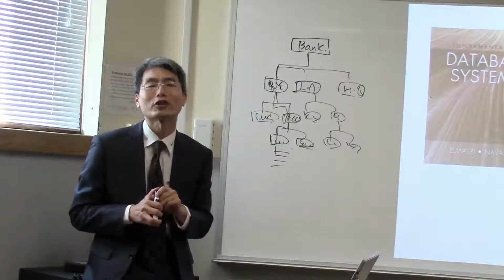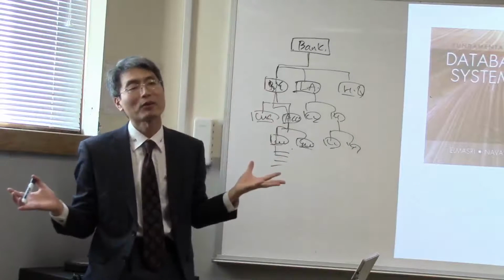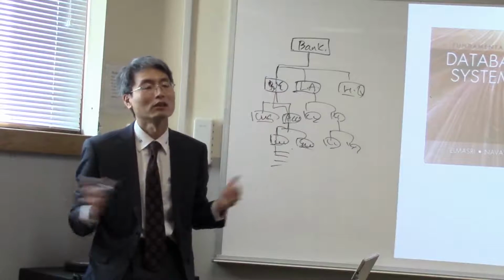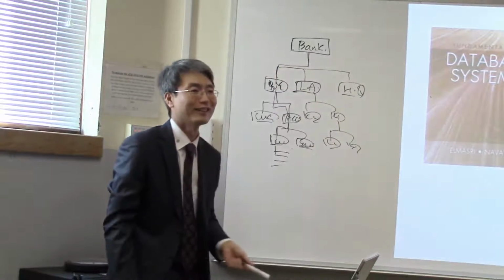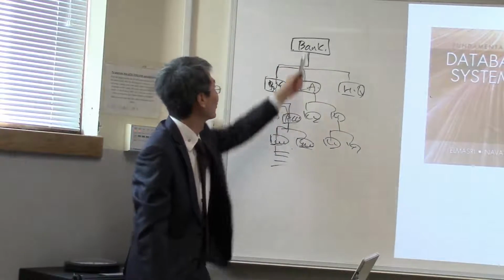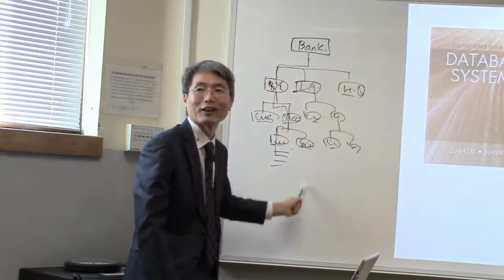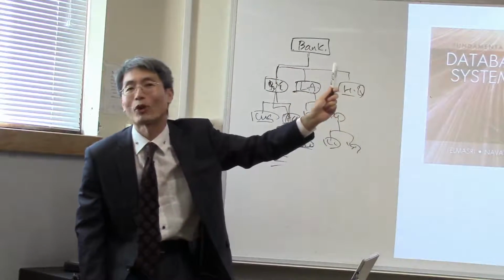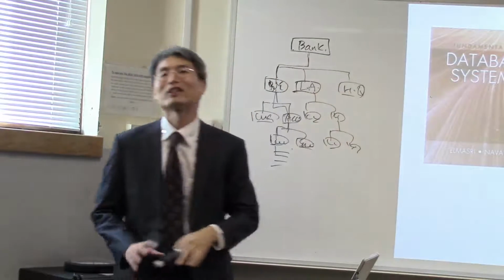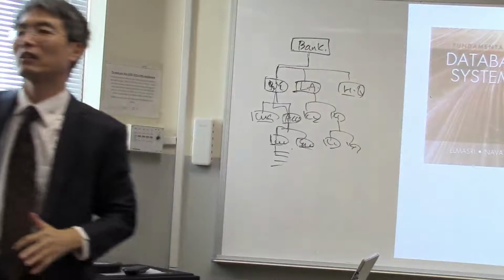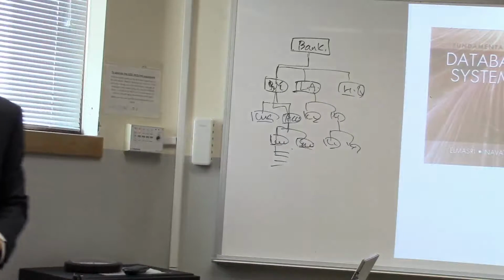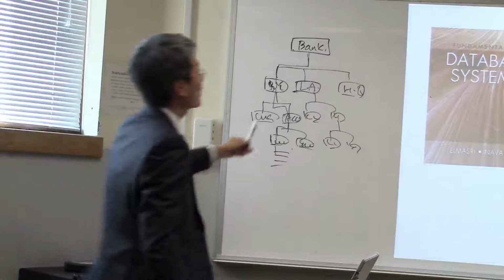What about the total average balance of the loan accounts in this bank? You need to go up and down. If you have 500 branches, up and down 500 times. It takes a long time. So that is a problem of the hierarchical database model.